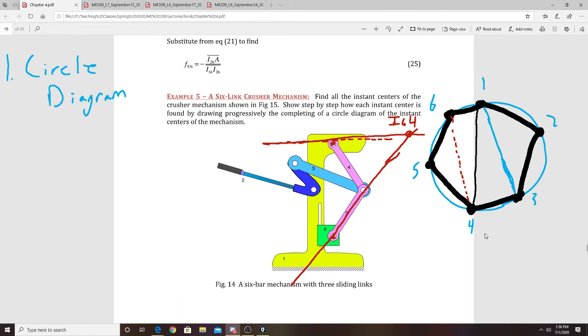An I35. There should be an I35. That's another one I forgot. So thank you, you are correct. Essentially, I forgot to do this pair as well. So 3 and 5, 3, 5. So 4, 3, 3, 5, and 4, 5 all exist here as well.